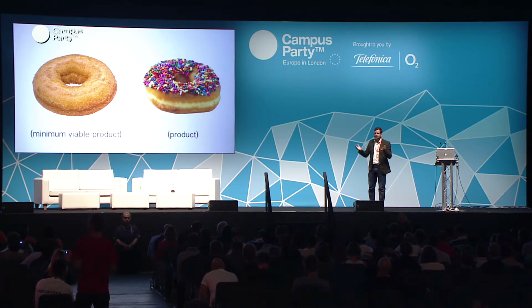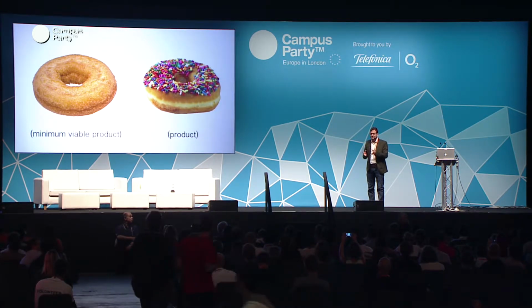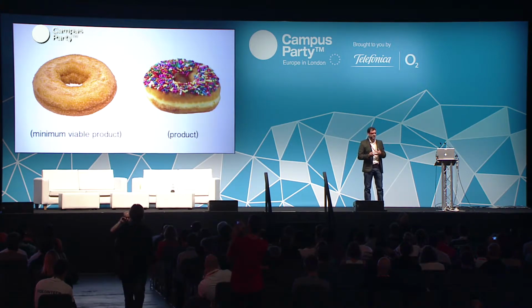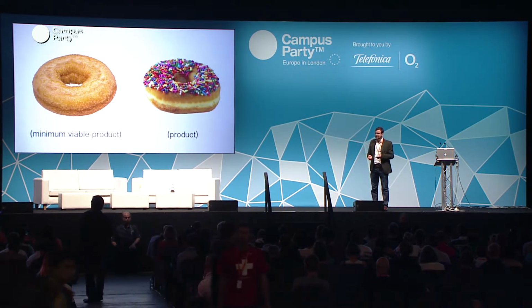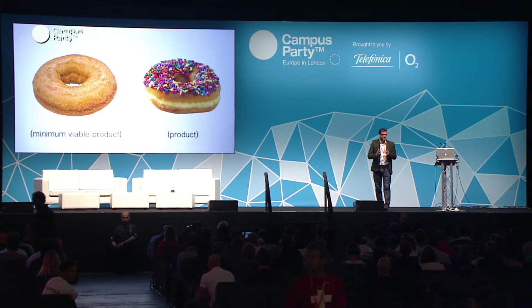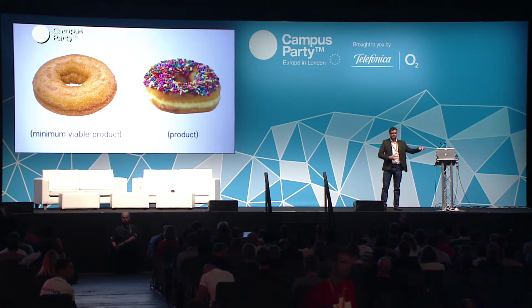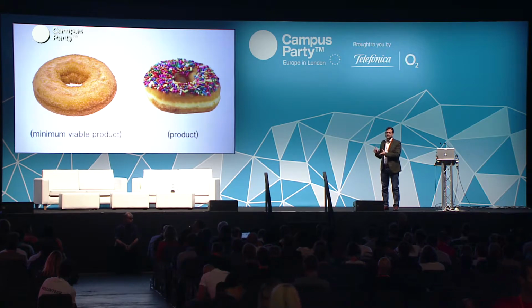The startup is called Branded, and they wanted to create a marketplace, a subscription service for men to shop for clothes online. If you're a man, you know that the majority of us don't really like shopping, and when we do, we would prefer to just be done with it all at once. So rather than creating storage infrastructure and databases to match clothes individually to people, they started with a minimum viable product.